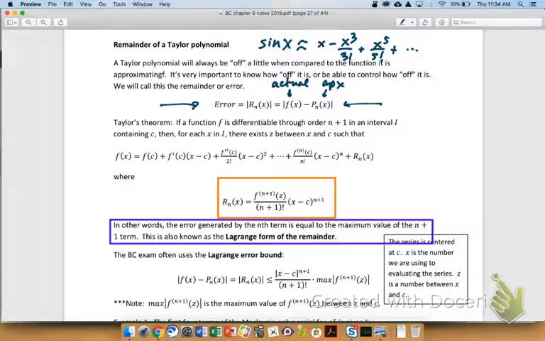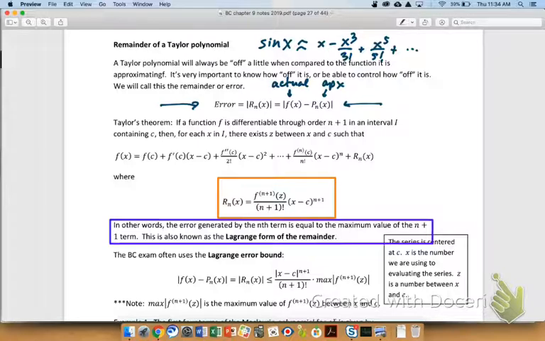Whereas the n plus 1th term would be x to the 6 over 6 factorial. So if there's some skipping in the terms, like in this particular case, then the n plus 1 term would be different than the next term. Does that make sense?